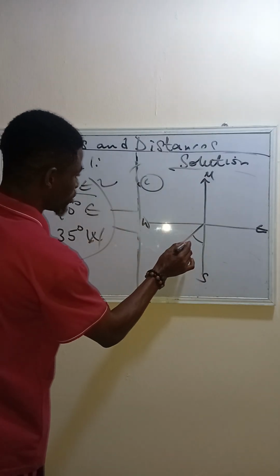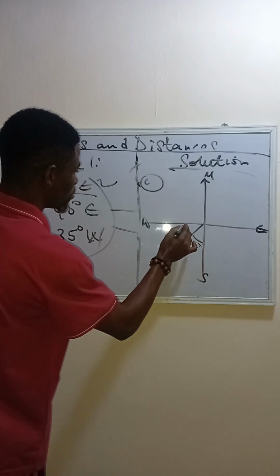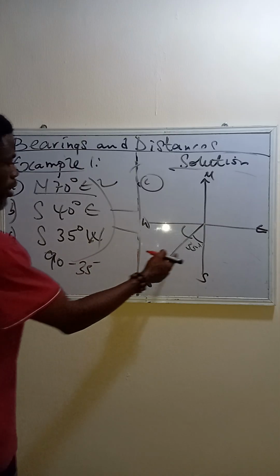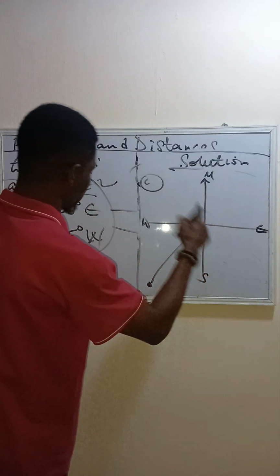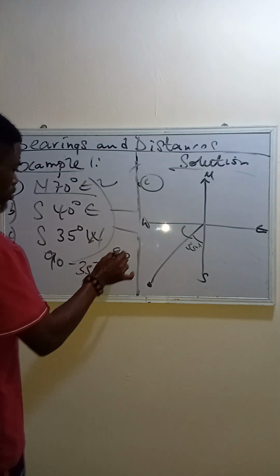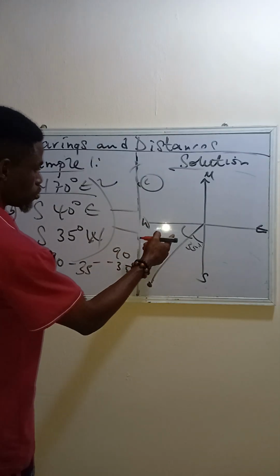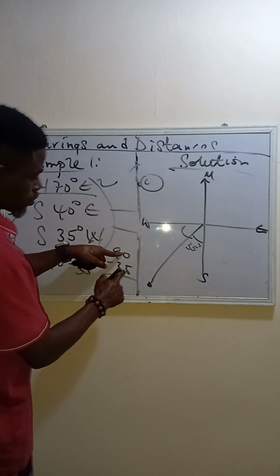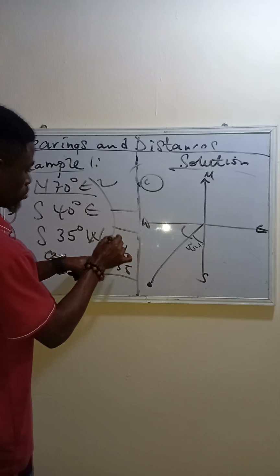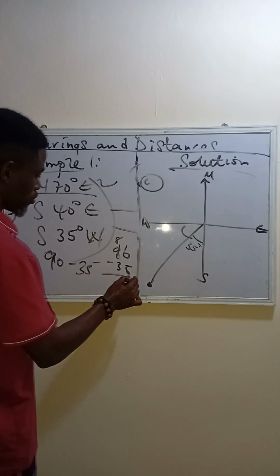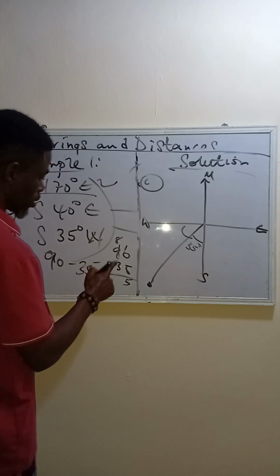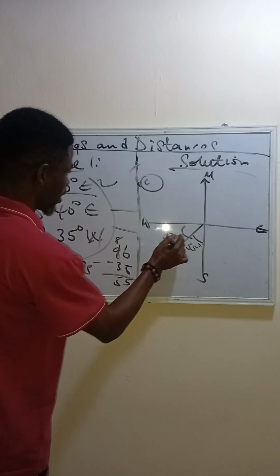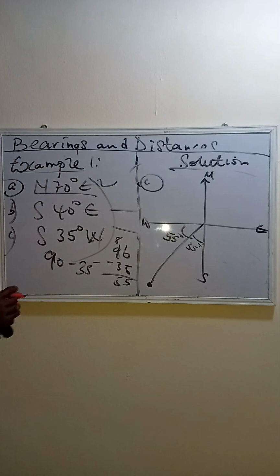You write 35 degrees here, and the remaining angle is 90 minus 35. Why is it 90? Because each corner means 90 degrees, so we take away this one to know the remaining angle. 90 minus 35: 0 minus 5 cannot go, so we borrow and it becomes 10 minus 5, which is 5. Then 8 minus 3 gives 5. So the remaining angle is 55 degrees. This is how to draw a compass bearing.